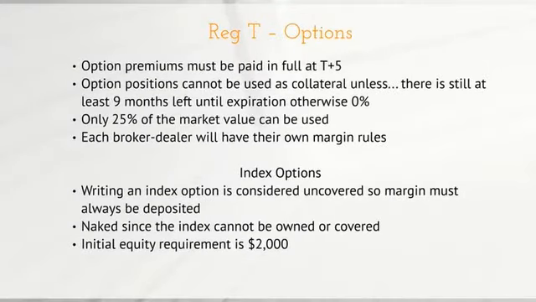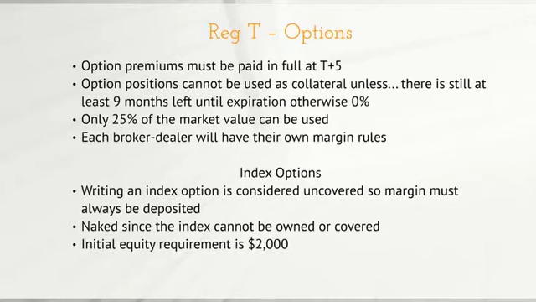Options under Reg T cannot be used as collateral unless there's at least 9 months left until expiration of the option. Otherwise, most options are less than that and are worth nil as far as collateral is concerned. Even when you can use them as collateral, only 25% of the market value can be used.